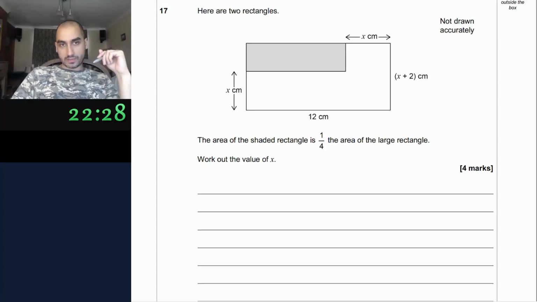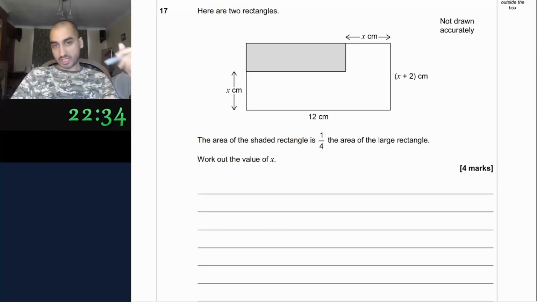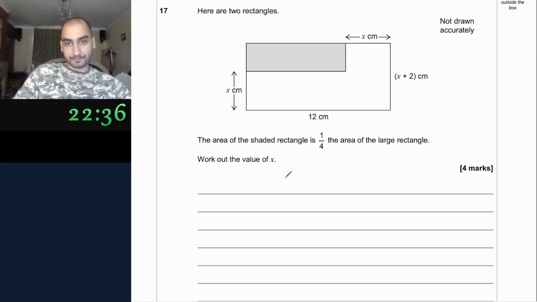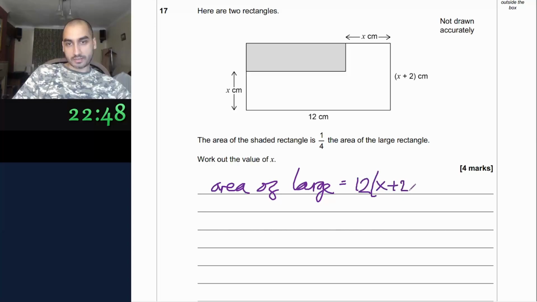Here are two rectangles. The area of the shaded rectangle is a quarter the area of the large rectangle. Work out the value of x. Nice problem. Right. Area of large equals 12 times x plus 2.